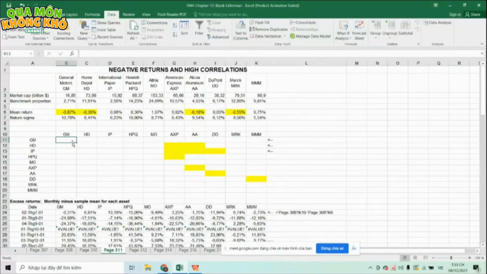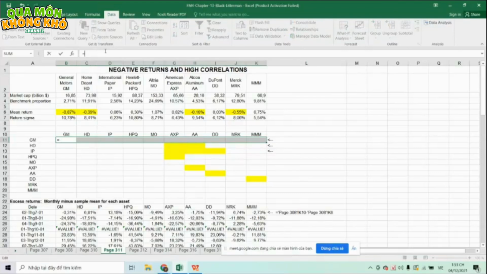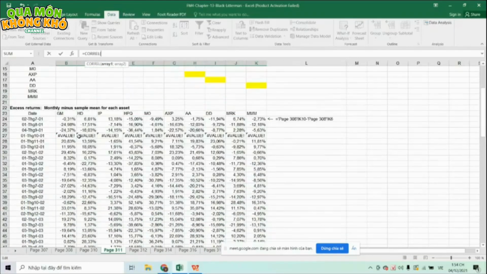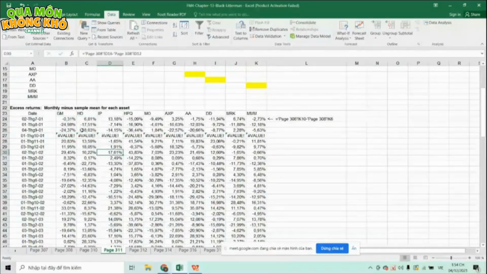correlation matrix, which will equal the formula correl. Oh, why in here has blue? Wait a minute, I will fix this.